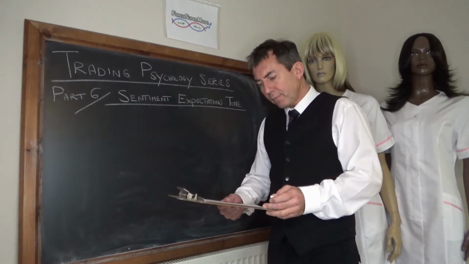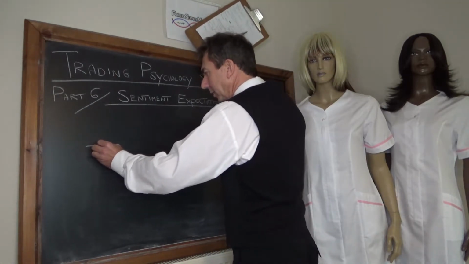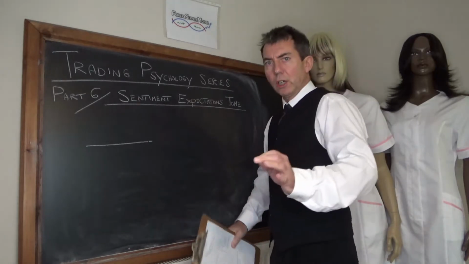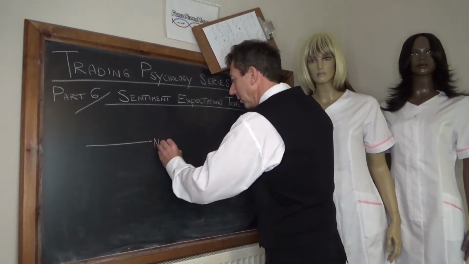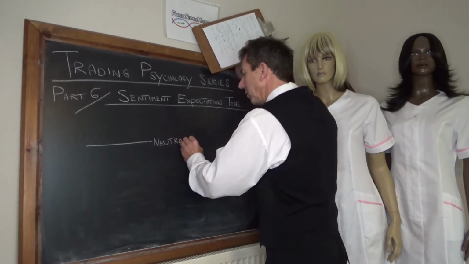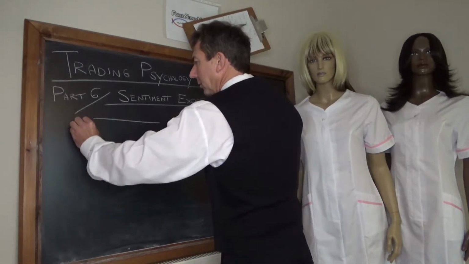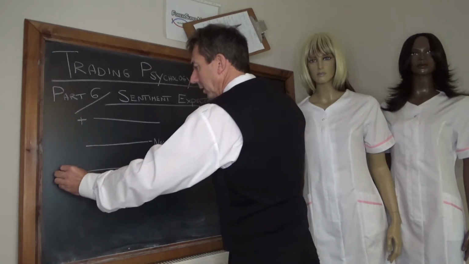So if you view these things in terms of a structure, if you've got a neutral situation, so you've got neutral sentiment, and then maybe positive sentiment, and negative sentiment.